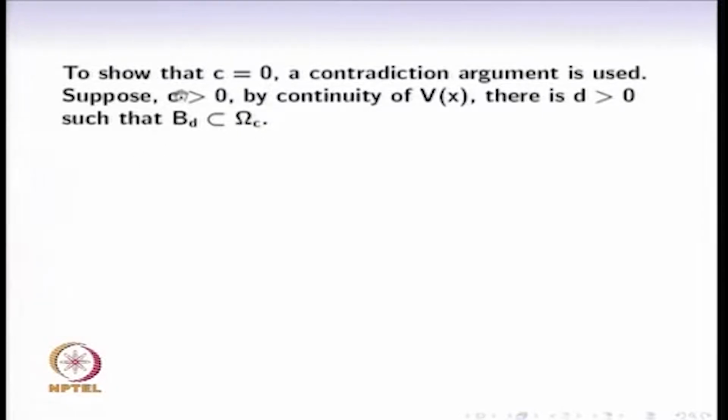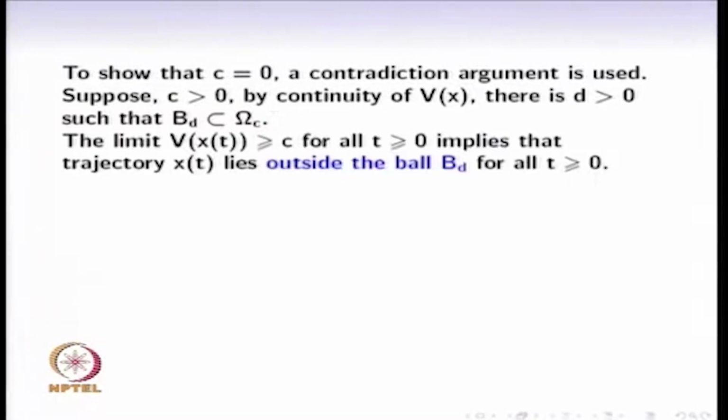Instead of beta greater than 0, we have c greater than 0, hence we construct this omega c set. Omega c is the set of all points where the value of v of x is at most equal to c, and B_d is some ball that is contained inside omega c. We are able to construct this ball again by using the continuity of the function v at x equal to 0.